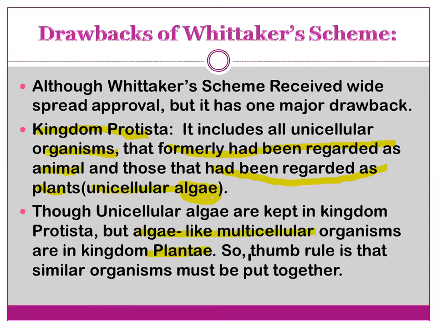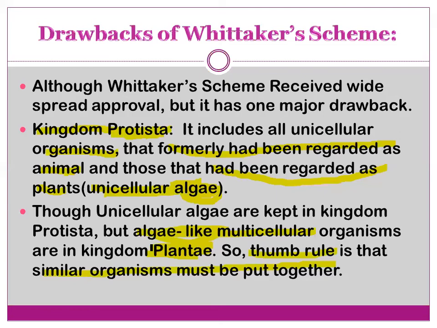So what is wrong here? The thumb rule is that similar organisms must be put together. If you have algae, whether it is unicellular or multicellular, you have to place it in only one kingdom. Either you place algae in Protista or you place algae in kingdom Plantae. But he placed unicellular algae in Protista and multicellular algae in Plantae. So this is against the rule.